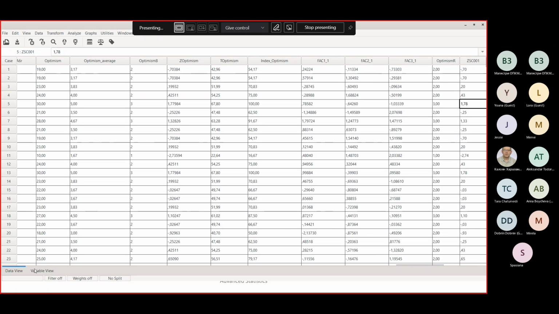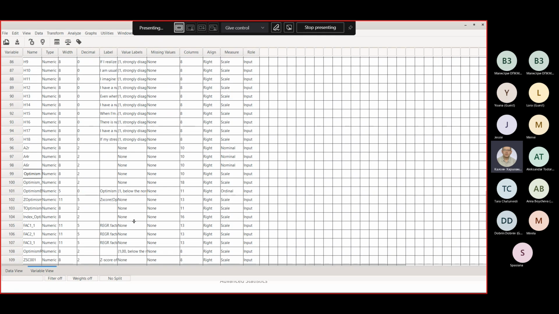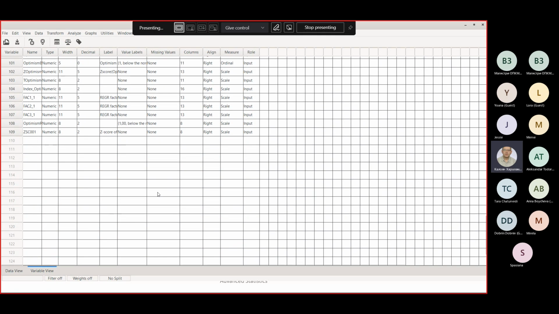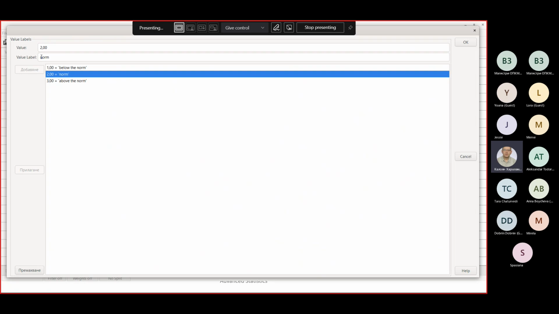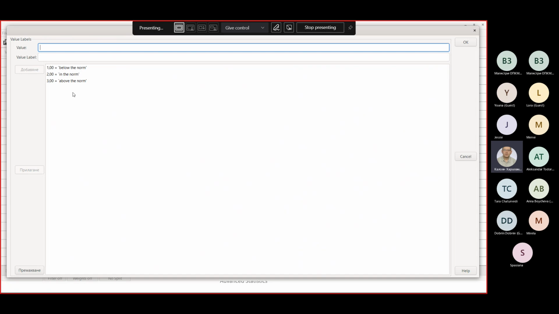But in variable view, we have to define these categories. So here double click. 1 is below the norm, 2 is in the norm, and 3 is above the norm.